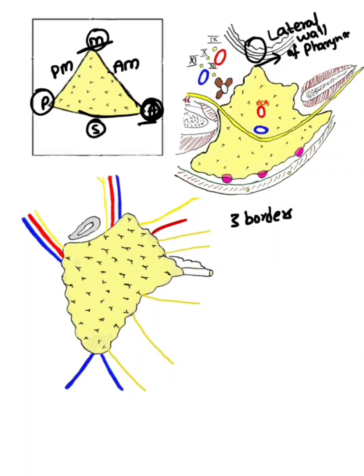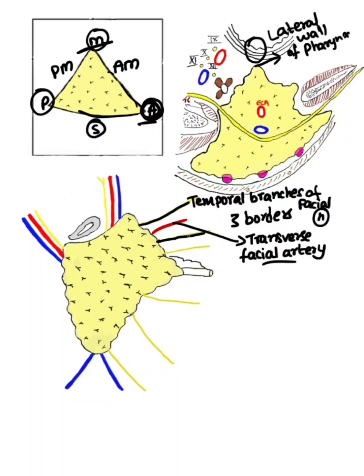The structures emerging through anterior border from above downwards include temporal branch, transverse facial artery, and next to the transverse facial artery there is zygomatic branch, upper buccal branch. Below the upper buccal branch there is parotid duct.